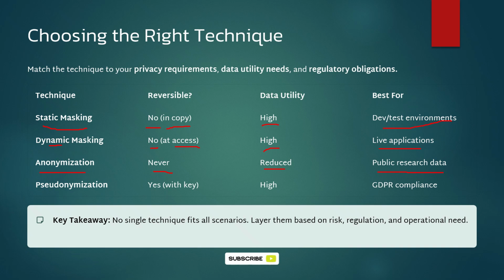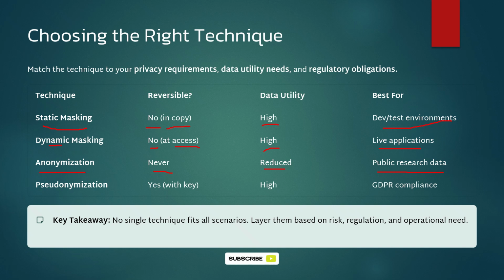If you want to send some data that is used for public research, you cannot use the genuine data or the live data. That can be a huge exposure to privacy, and that can lead to compliance or regulatory fines. In that case, anonymization is done so that never ever can that data be relinked to the correct person.